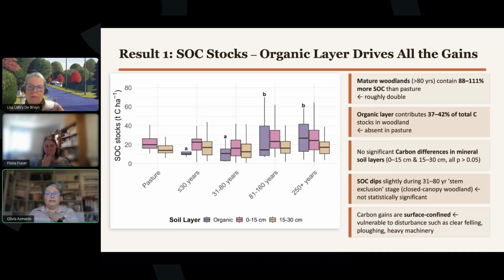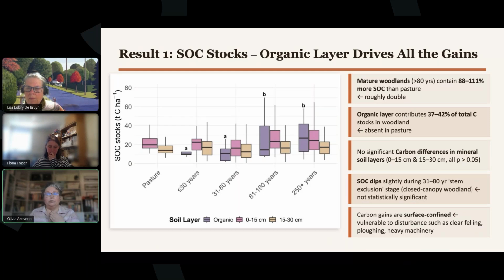The organic layer, which is absent from pastures, is a new layer that develops as the woodland matures, and it contributes 37 to 42% of total woodland carbon stocks in older stands.